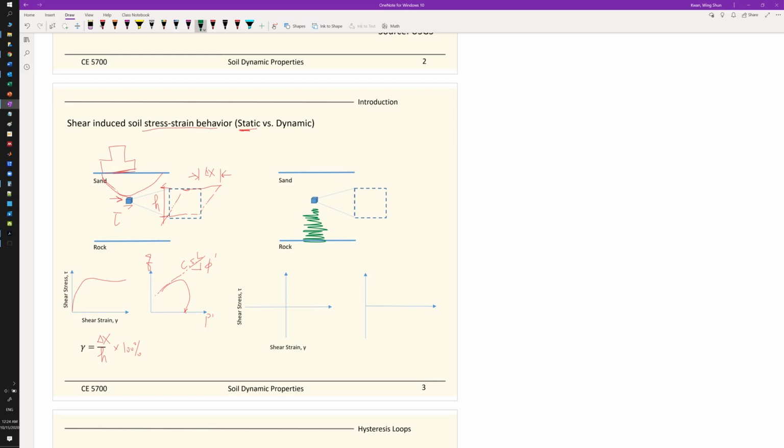Those upward propagating shear waves will travel through your soil elements. So instead of just a static deformation that the soil will experience, in fact you will go back and forth.